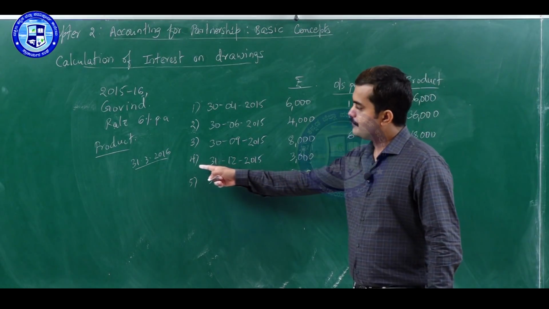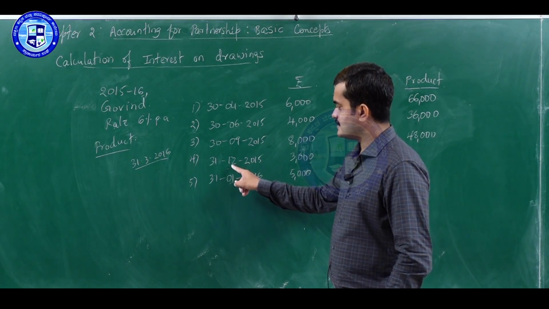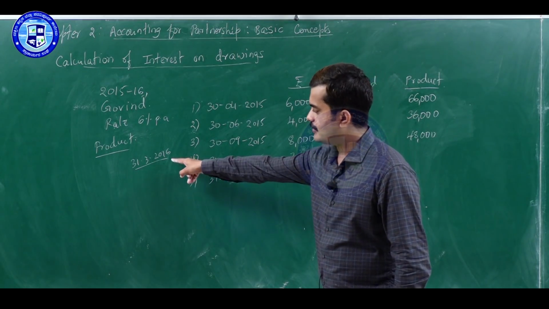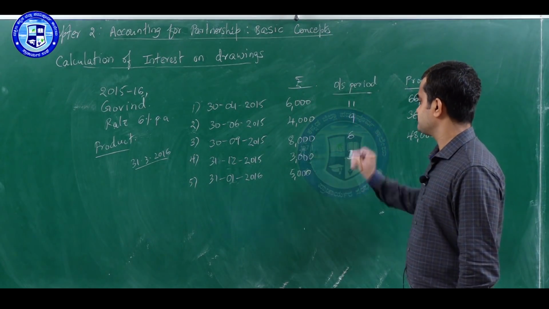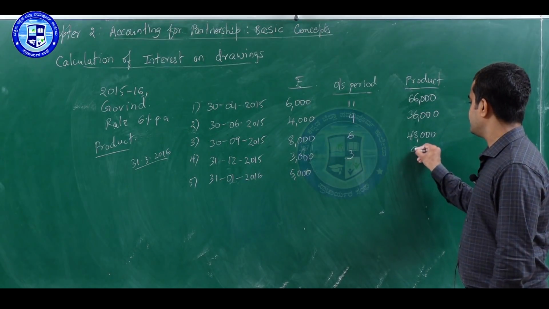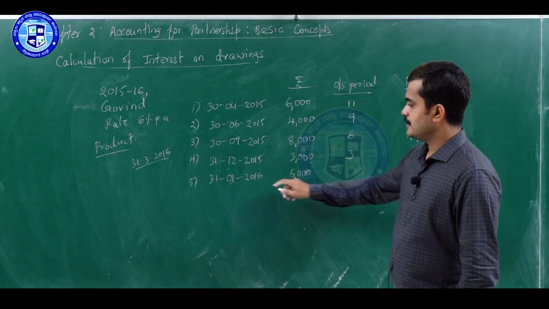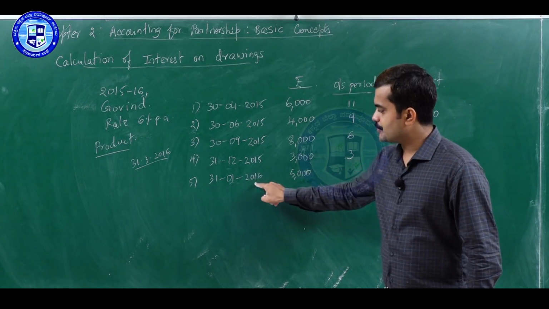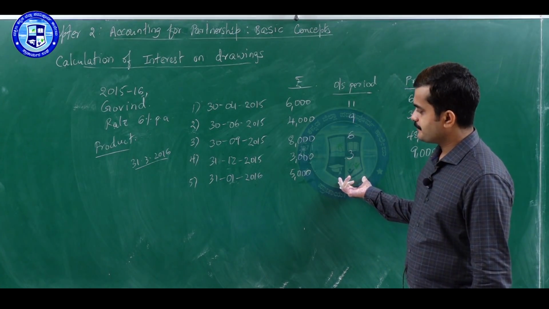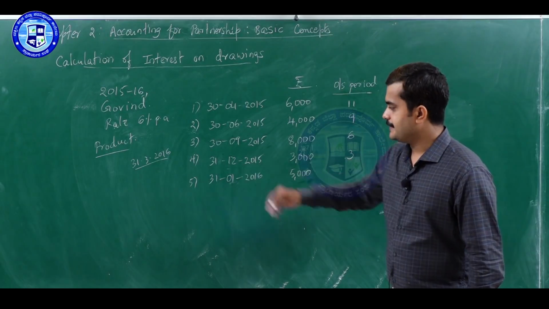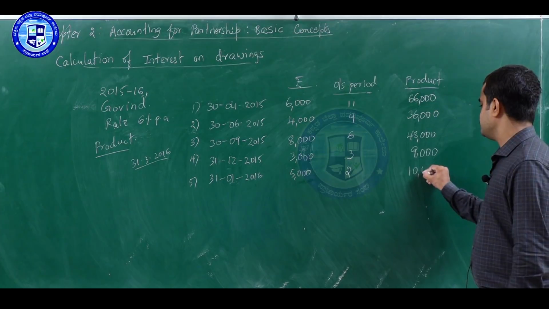Coming to withdrawal number 4, the day is 31st December 2015, and the last day of that accounting period is 31st March 2016. So, there are 3 months and the product will be 9,000. Coming to the last withdrawal, which took place on 31st January 2016, the number of months outstanding is 2 months, February and March. So, the total product here is 10,000.